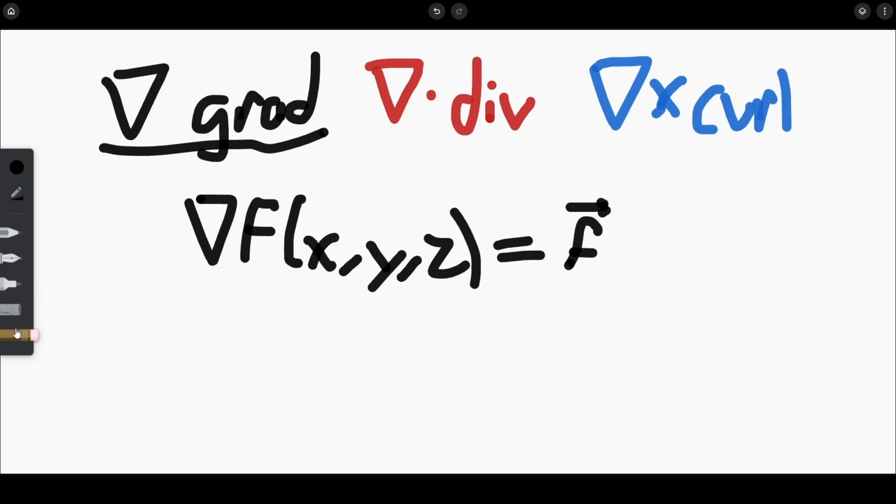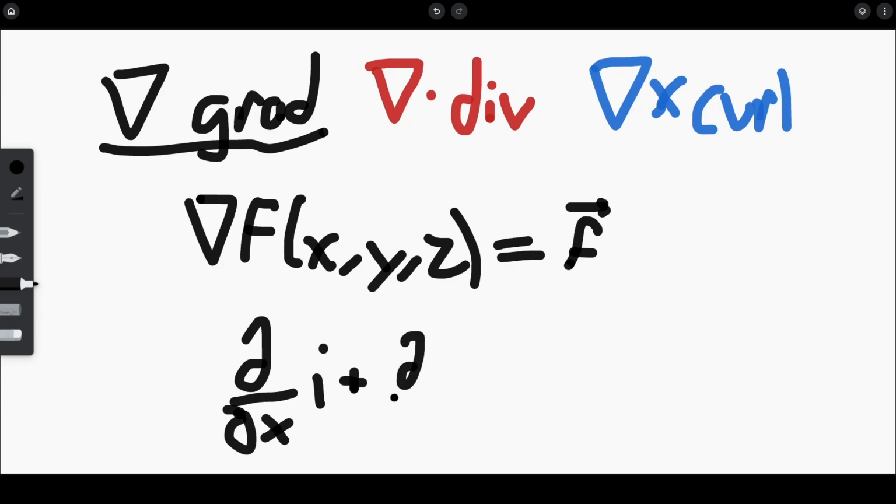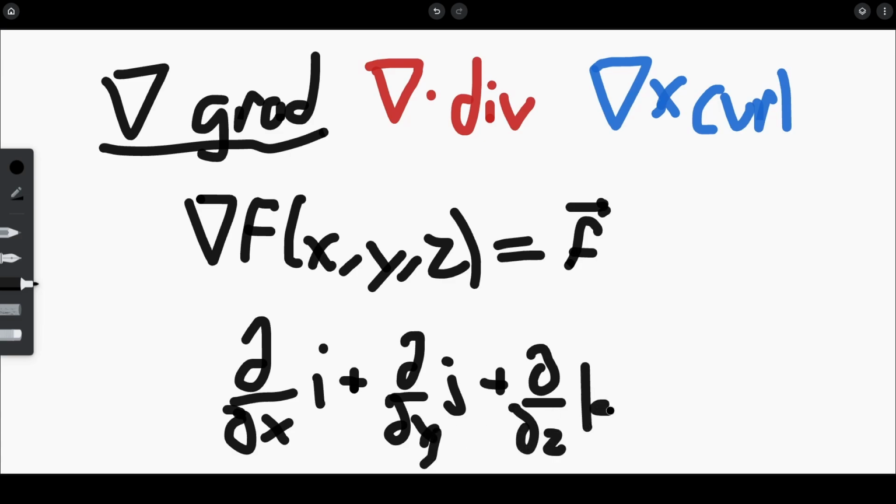All you do to calculate the gradient is take the partial derivative with respect to x in the i direction, plus the partial derivative with respect to y in the j direction, plus the partial derivative with respect to z in the k direction. And that is your gradient.